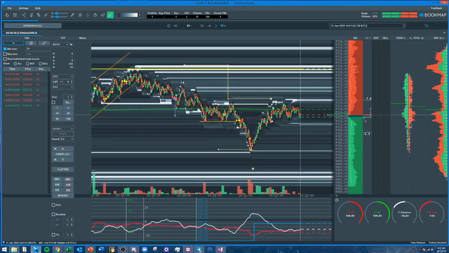Okay, so we had an attempt to get higher, and then we had a failure. So this made a lower high. So we've got a high, a higher high, and now we have a lower high. So that failure may indicate that this would be a good short.